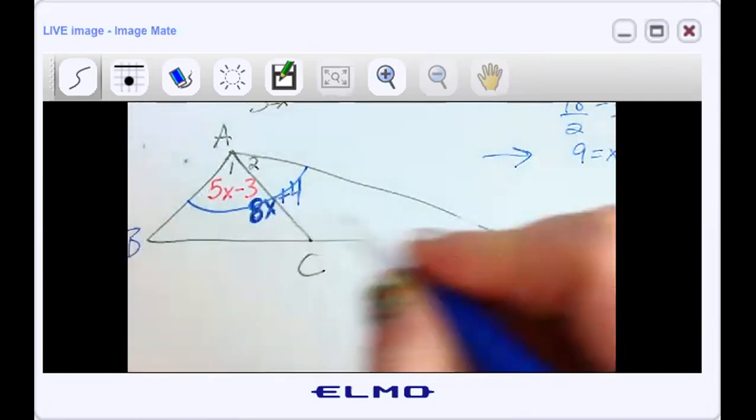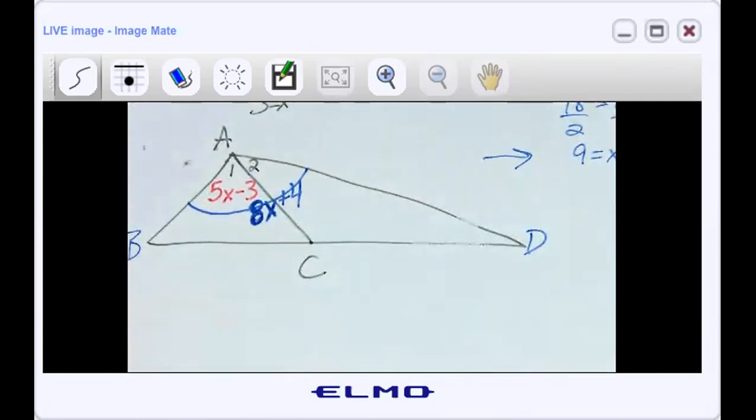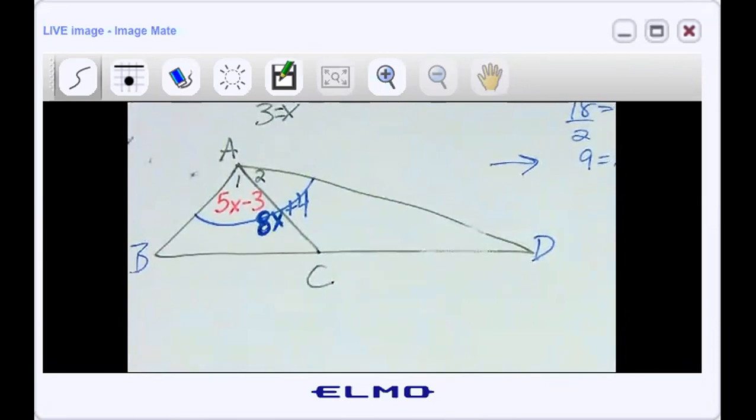Angle BAD, the whole angle, is 8x plus 4. Angle 1 is 5x minus 3. I didn't give you anything for angle 2, but I would like you to use this information coupled with the fact that AC is still an angle bisector. All segment ACs on this page are going to be angle bisectors. So see if you can solve for x here. I'll give everybody a minute.